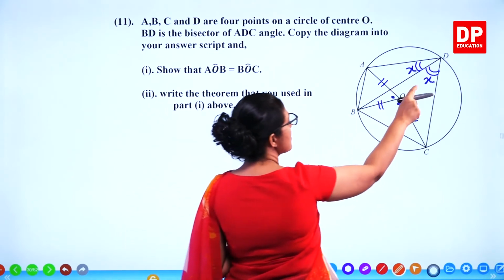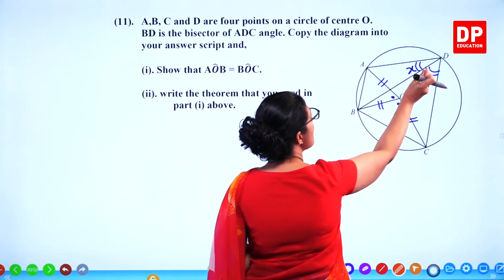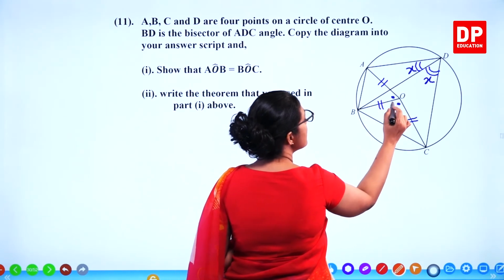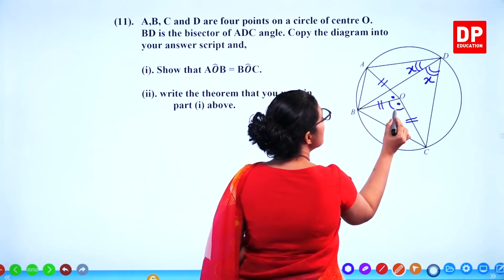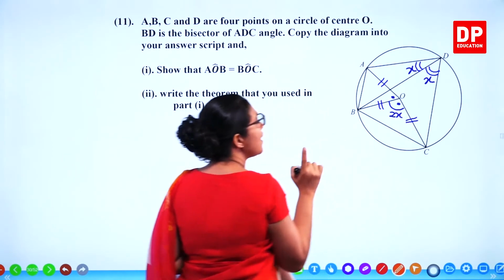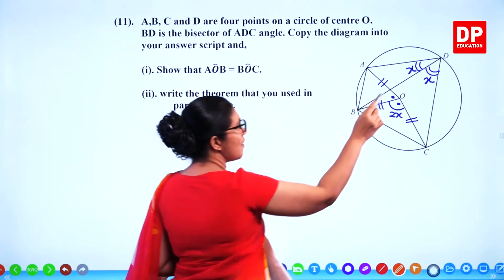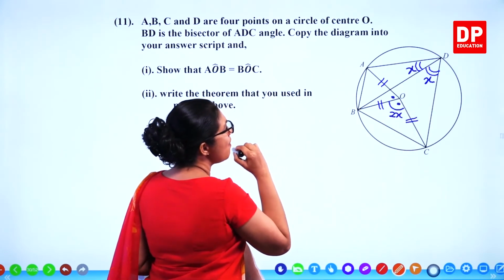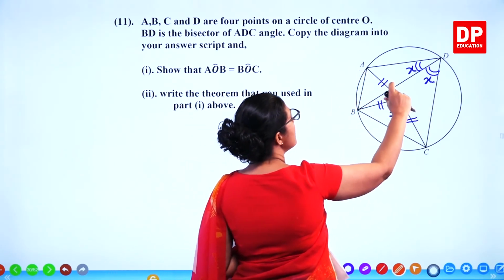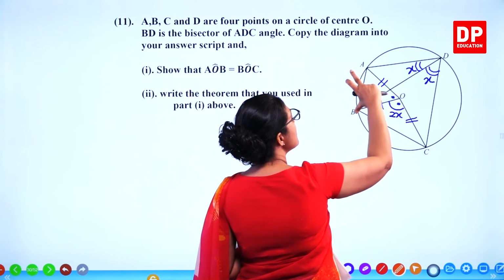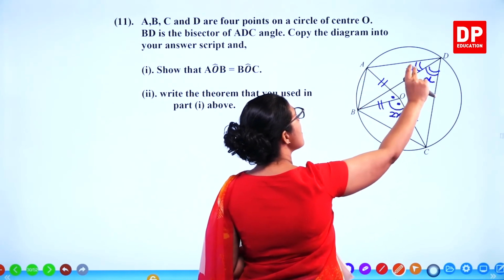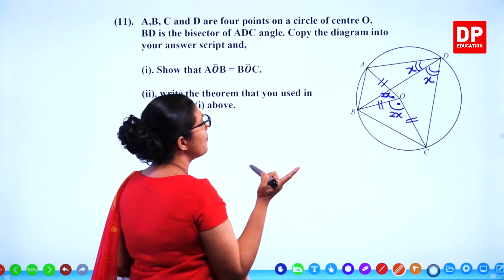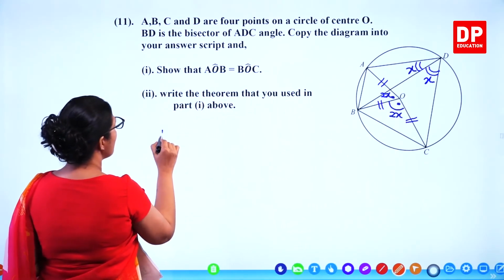If this is x, this is the angle subtended on the circumference, so this is the angle subtended at the center, which means 2x, double the angle at the circumference. In the same way, when you take arc AB, this is the angle subtended at the center and this is the angle subtended on the circumference. So this is 2x. So these are equal. That's the first step.